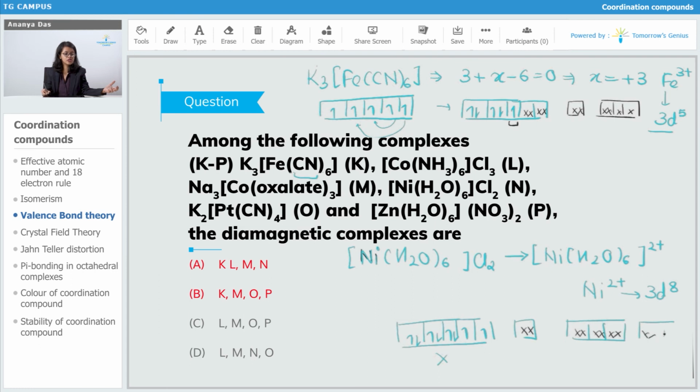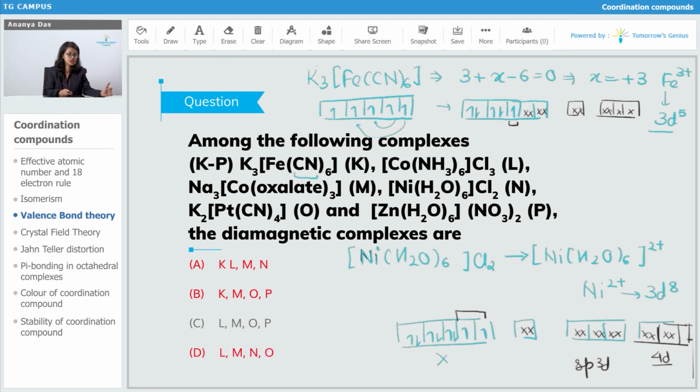So it's an outer orbital complex. That's a 4d, and out of the 4d only 2 d orbitals are used. So this is sp3d2, and you can see that 2 electrons are unpaired. So that is paramagnetic. That means N is paramagnetic.